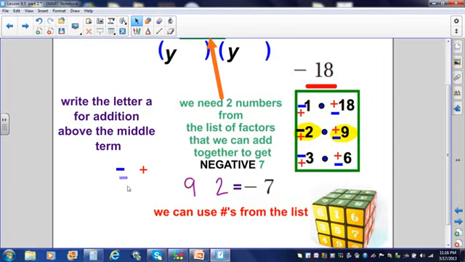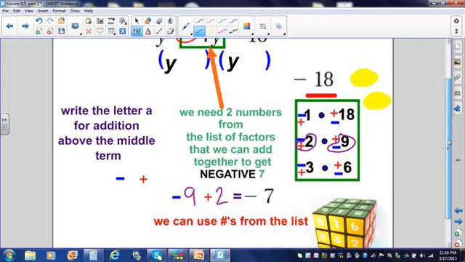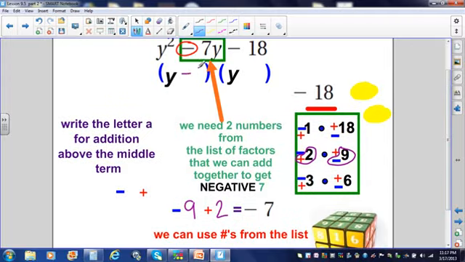How about we have -9 and +2? -9 and +2 does give me -7. So remember, again, when you're doing factoring, you've got to be really careful with your combinations. So up here I'm going to put -9 and then I'm going to put +2.